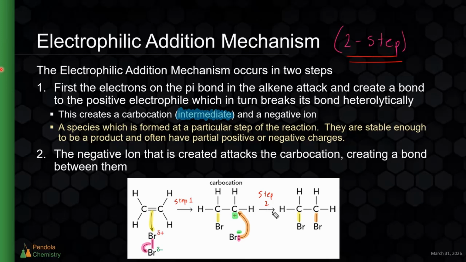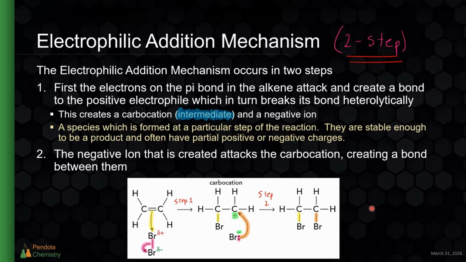That's the mechanism. This is a very, very common mechanism to be asked about in the AICE exam, especially in paper 2. So it's not just important for you to understand what's going on here, you need to be able to draw this mechanism.